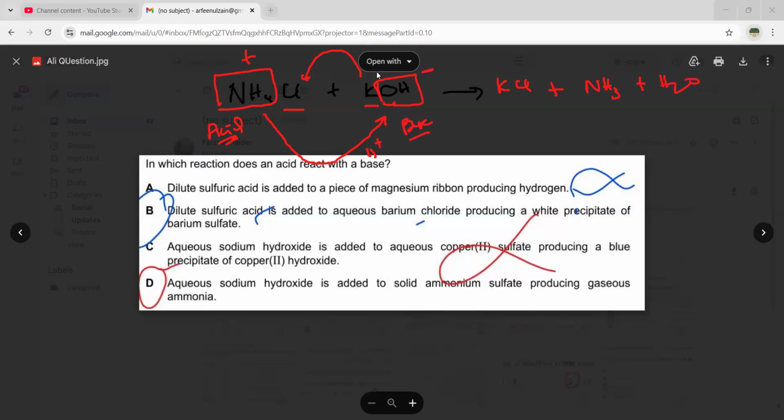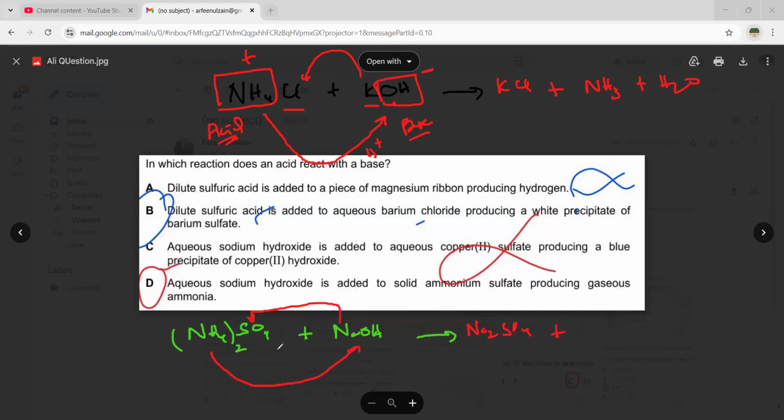If I have an ammonium salt like ammonium sulfate reacting with sodium hydroxide, first the sodium will combine with the sulfate to form the salt sodium sulfate, Na2SO4. Then the ammonium ion donates a proton to the hydroxide ion.